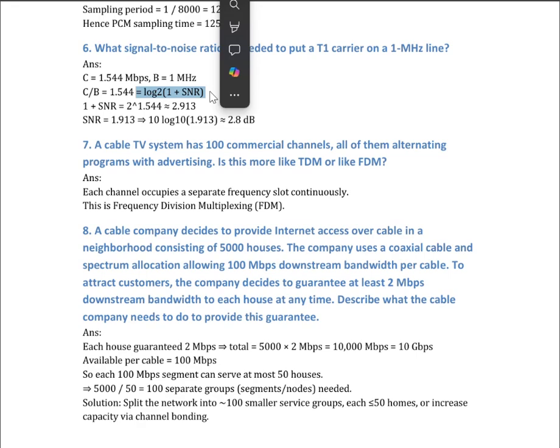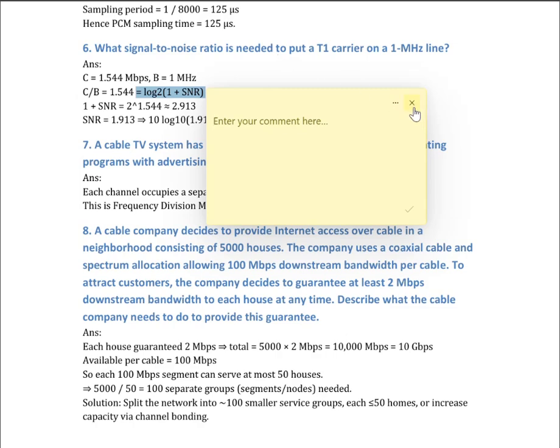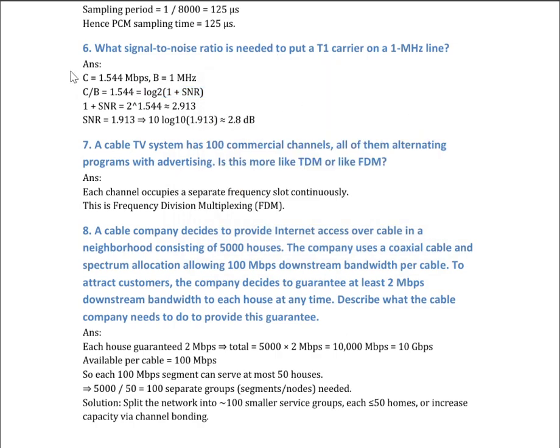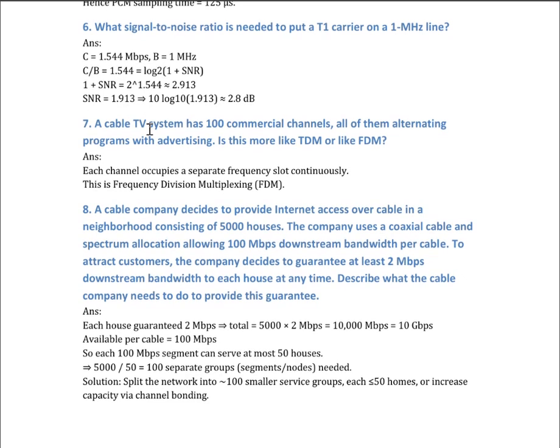This problem mainly depends on how much the channel can carry. We can substitute the values given immediately and solve the problem. Then we get 2.8.